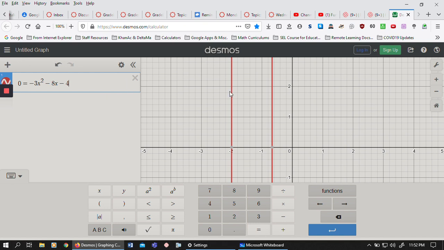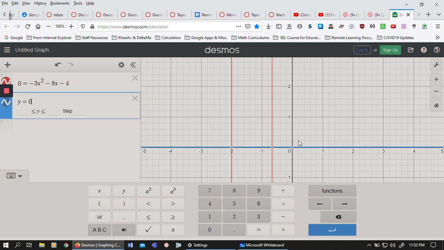If you're having trouble identifying where exactly the x-axis is, remember I told you that you can put in a second graph that will show you which one is the x-axis. Another equation for the x-axis is y equals 0.